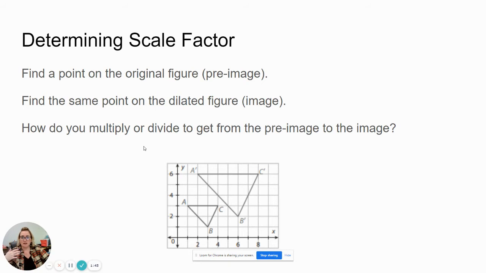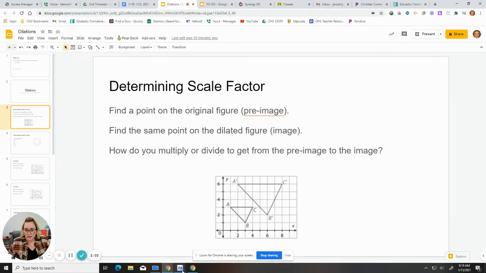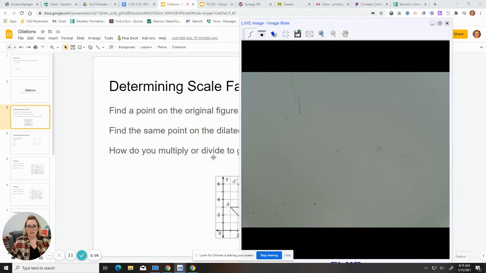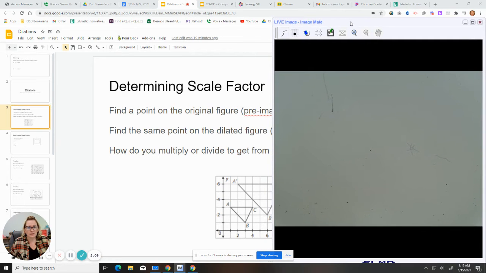Okay, so to be able to do this, the easiest thing to do is to find a point that crosses right at an XY, and you don't have to guess on what that point would be. So I'm going to use point B just because it's an easy point for me to be able to find. So let me pull up this. I'll move it over just a little bit.